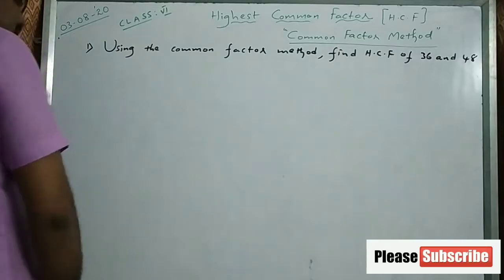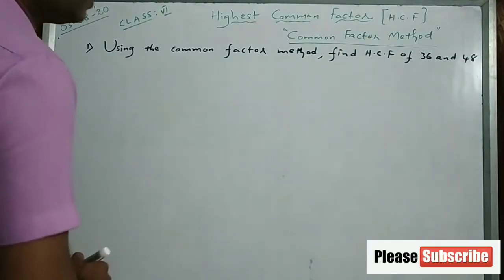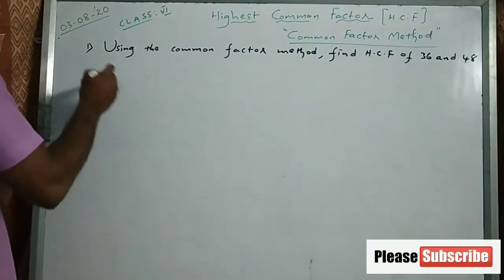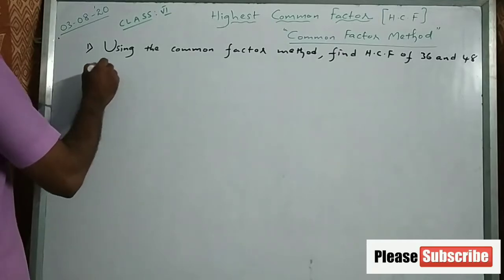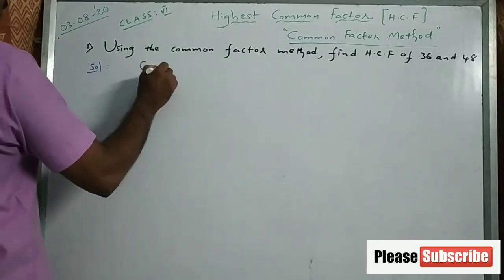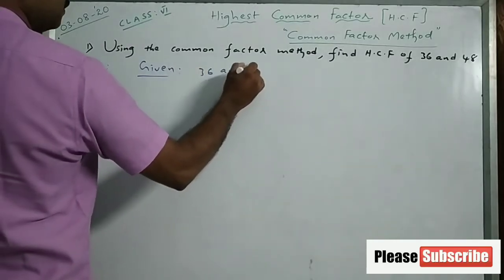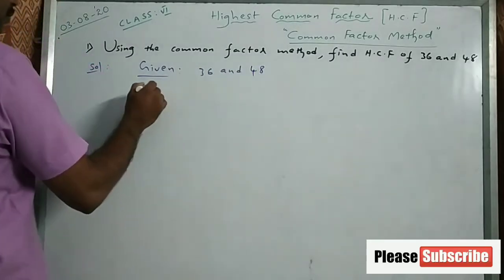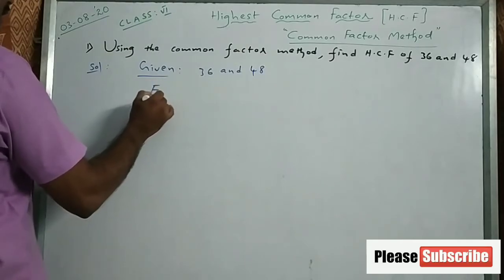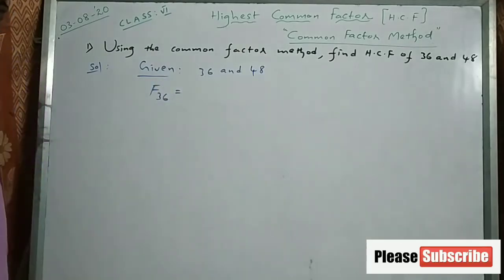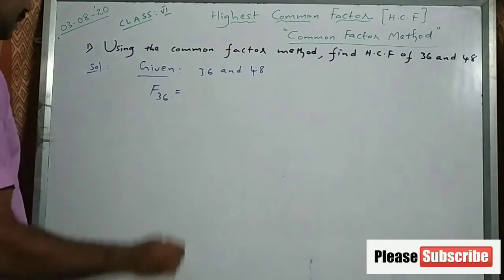First let us see the factors of 36 and 48 separately. Okay, using common factor method, what are the given numbers here? 36 and 48. Now find out factors of 36 first. Find out the factors of 36.